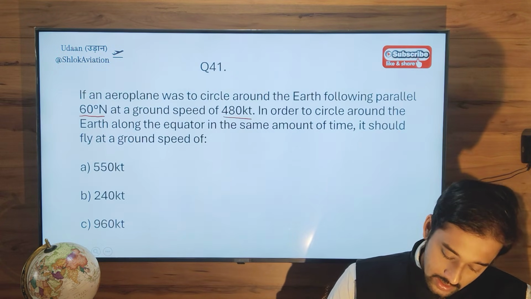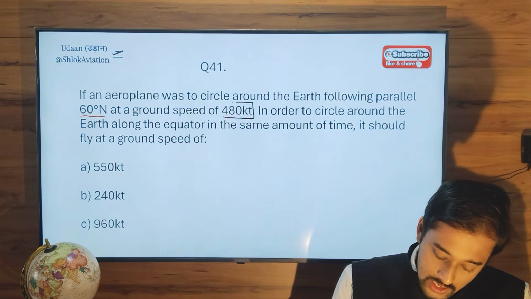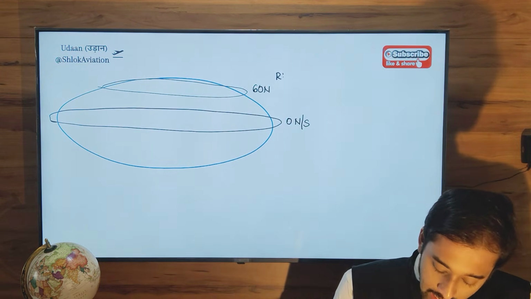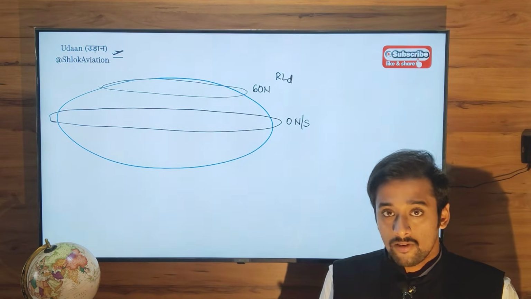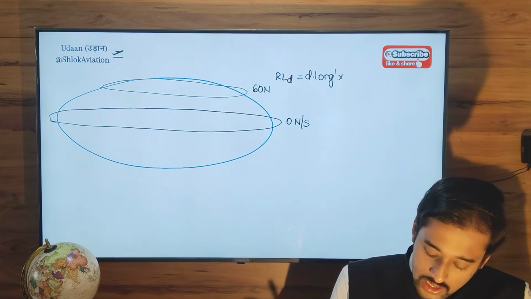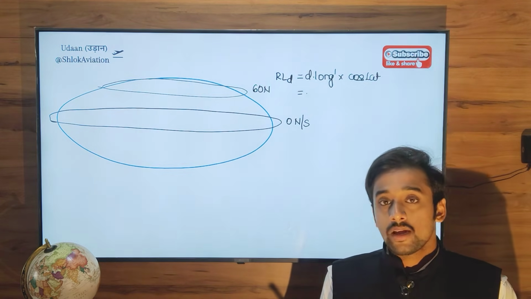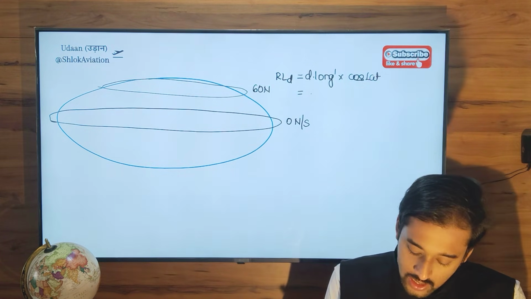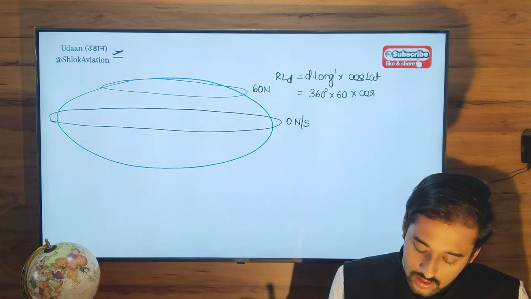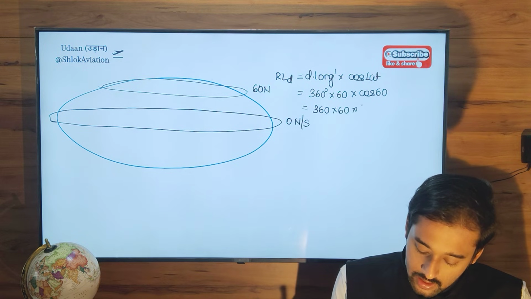So let's find the distance. Now at 60° north you are traveling at 480 knots speed. The distance, now this will be a rhumb line distance along a given parallel of latitude: D long in minutes into cos lat. D long is how much you are making a full 360-degree turn. So 360 into 60 into cos of 60, which is 360 into 60 into half.